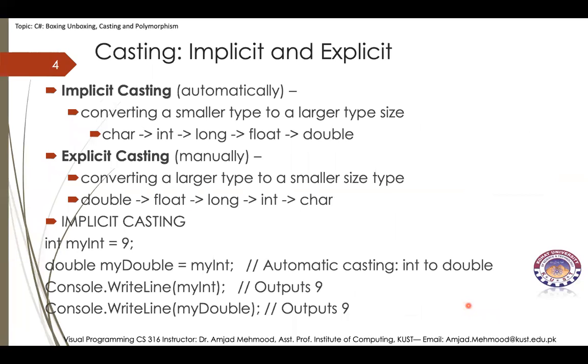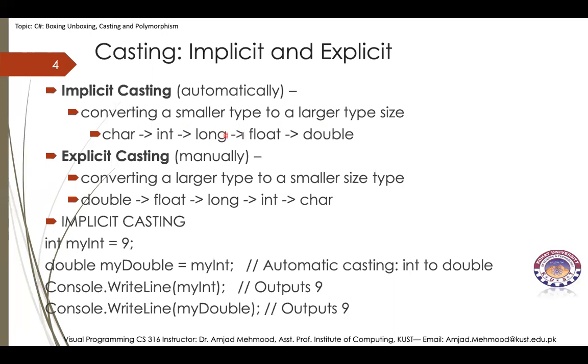Now come to casting. There are two types of casting: implicit casting and explicit casting. Implicit casting means it is done automatically, converting a smaller type to a larger type. You know that if the type to which you want to convert is bigger, you need not mention it, because there is no loss of value in that.